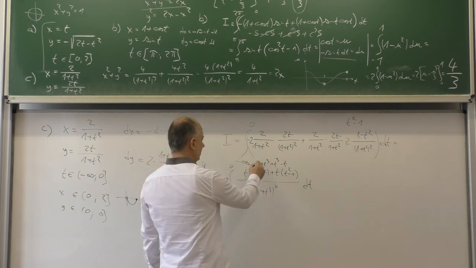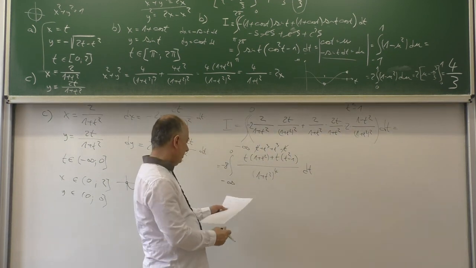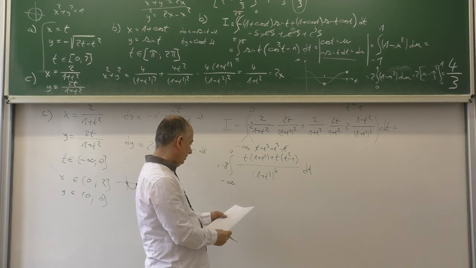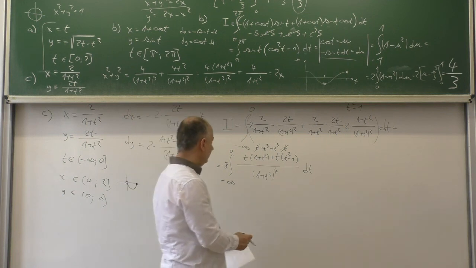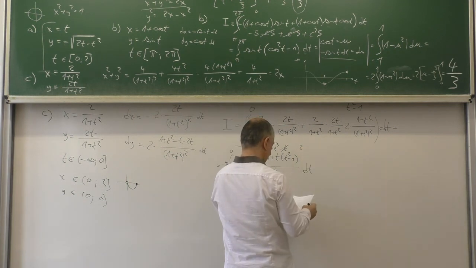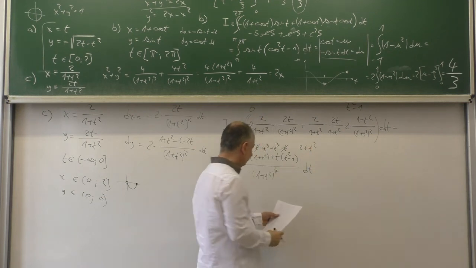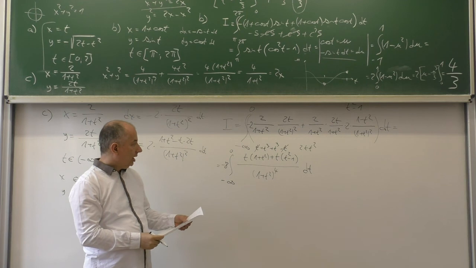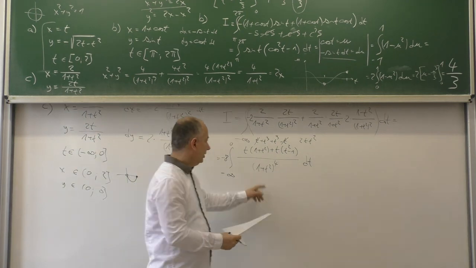So t minus t cancel, and we have 2t cubed, and 2t cubed can be written as 2t squared times t, because now it's a good idea to introduce a substitution for 1 plus t squared.